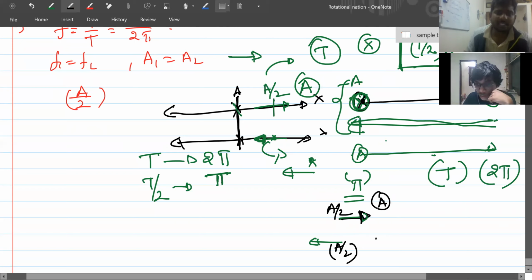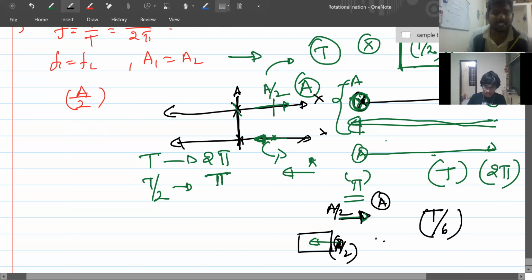A by 2 to A, what is the time? T by 6 you told, right? So from A to A by 2 it has to come again. That much ahead this second particle is, or otherwise the first particle is behind the second particle. Are you getting it?